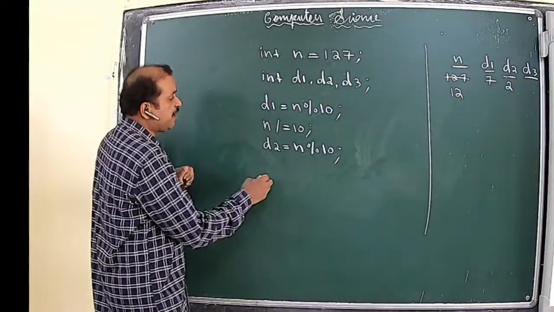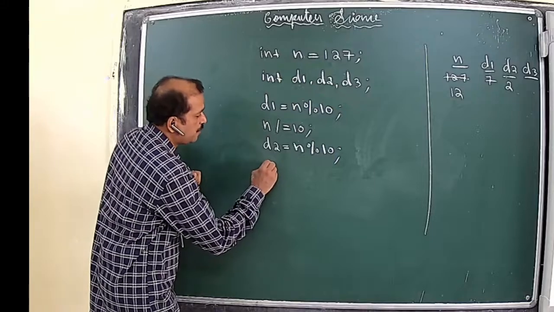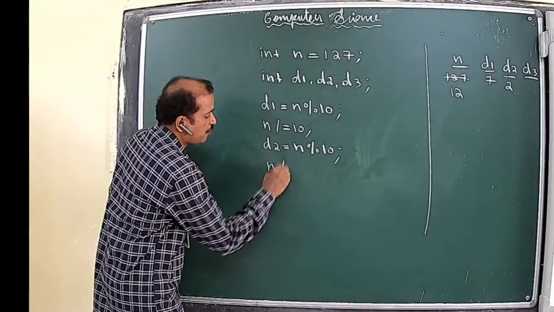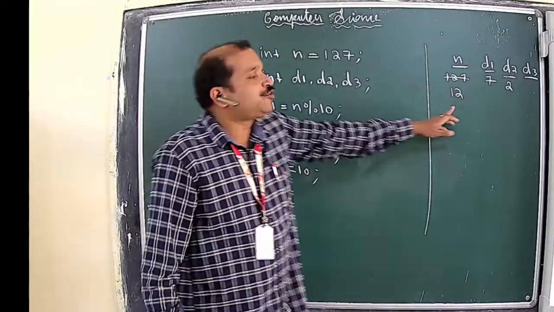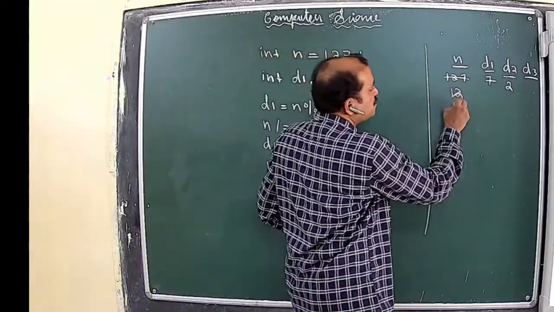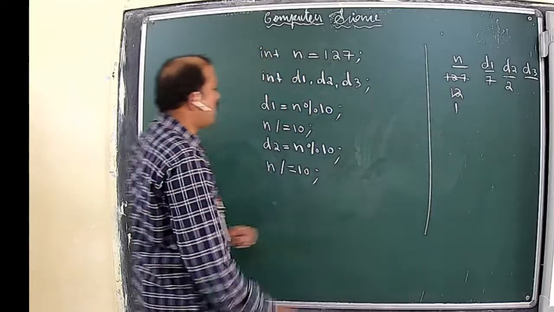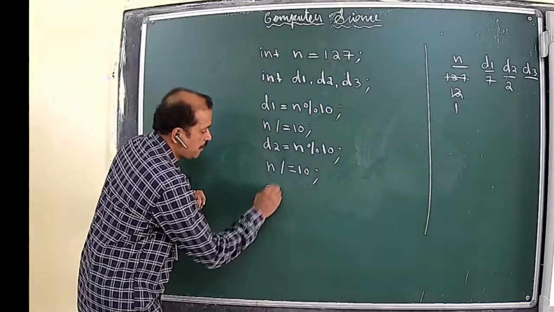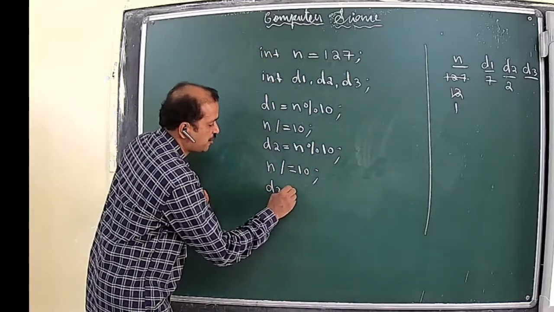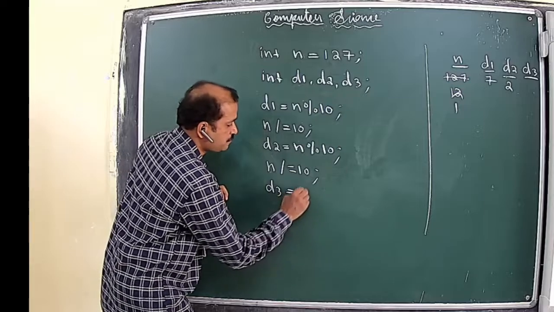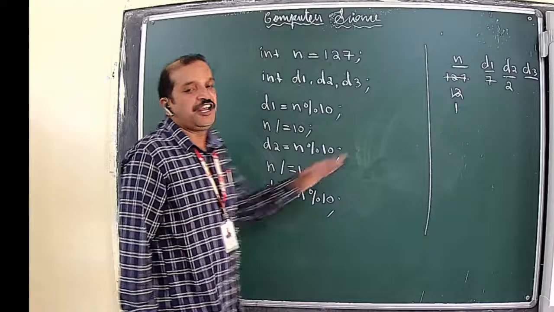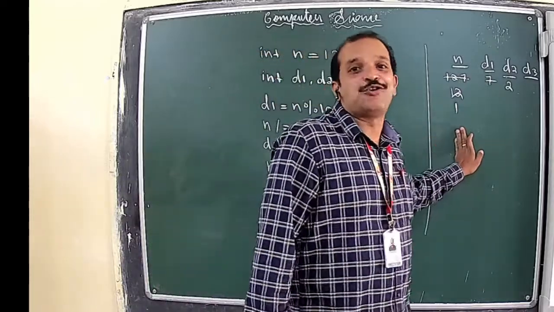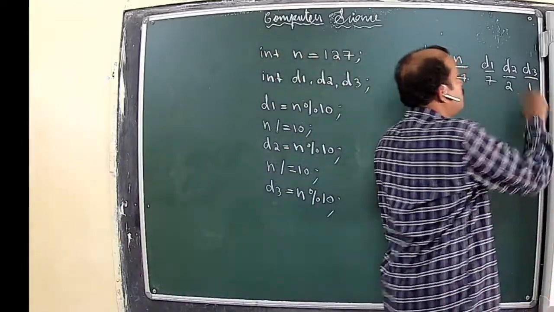Once again, the same operation will be repeated, that is, dividing the value of n by 10, and when we divide 12 by 10, the value is going to be 1. Now again the same operation can be performed to extract the last digit to D3, n modulus 10. 1 modulus 10, the remainder is also going to be 1, and D3 will be assigned with 1.